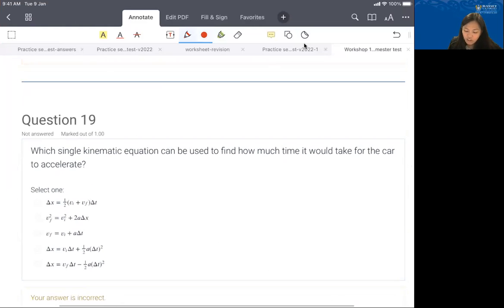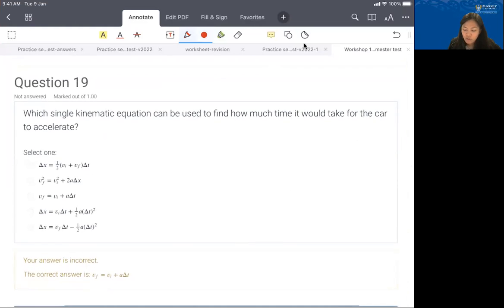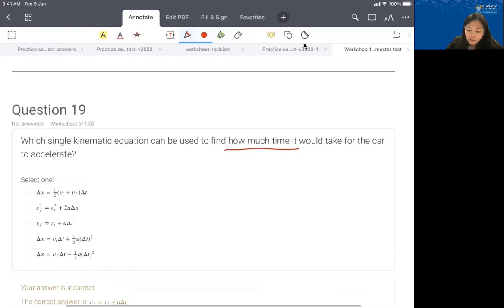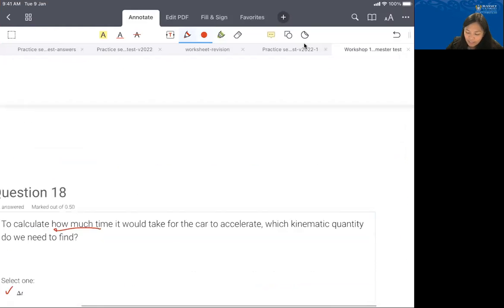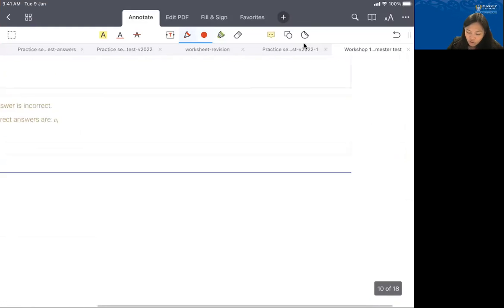Which single kinematic equation can be used to find how much time it would take for the car to accelerate? It's still how much time, it's all related. We were just guiding you through the questions. If you look at your table of facts, it is delta x that we do not know.